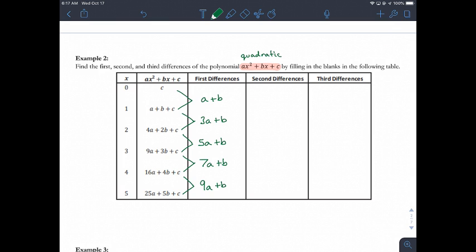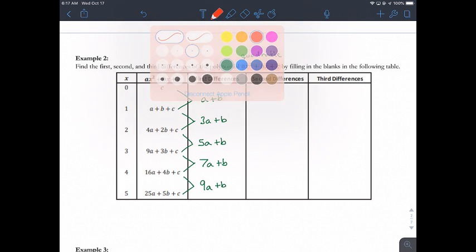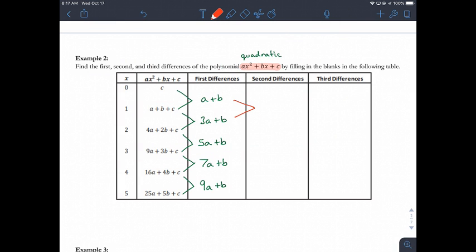We're continuing with our second difference. Change my color. We've got 3a minus a, which is 2a, and b minus b goes away. 5a minus 3a is 2a, b minus b goes away. 7a minus 5a is 2a, b minus b goes away. 9a minus 7a, b minus b goes away.